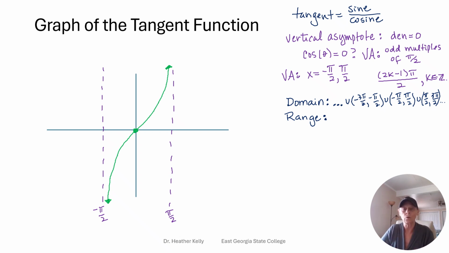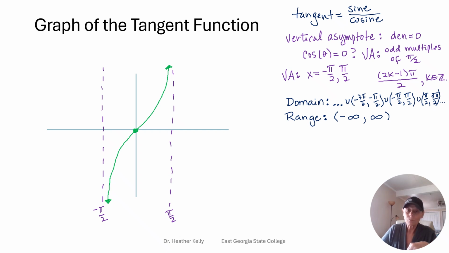And when you look for a range, you kind of start at the bottom and you look up to the top, right? And if we're starting at the bottom, we see an arrowhead pointing down, and an arrowhead pointing down means negative infinity. And the last thing we see as we scan up the graph is another arrowhead pointing up, so that points to positive infinity. So the range is negative infinity to positive infinity.